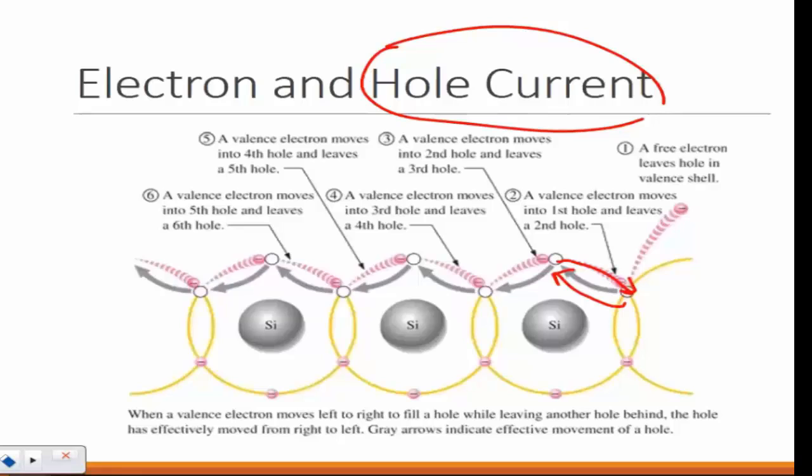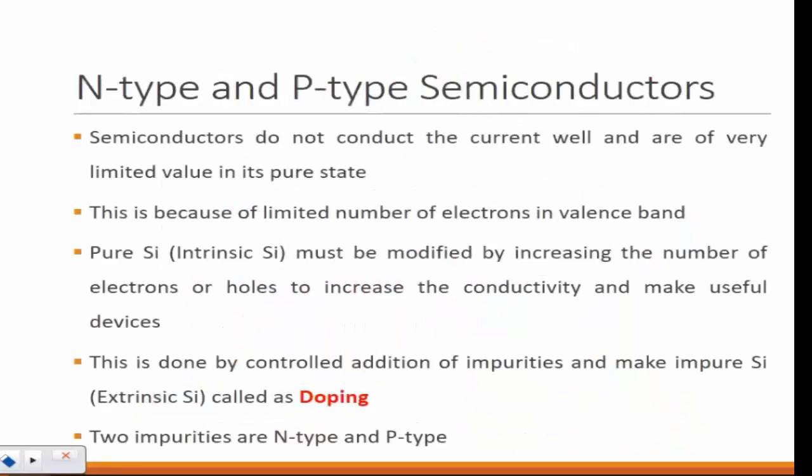Remember that intrinsic silicon is silicon in its pure state. In order to make use of this silicon with better properties, we need to turn it into either N-type semiconductor or P-type silicon.